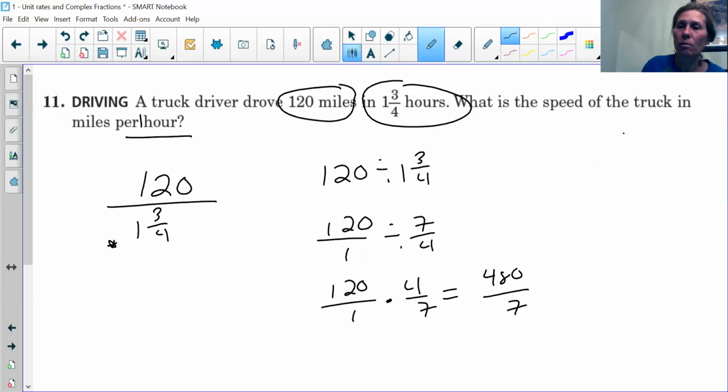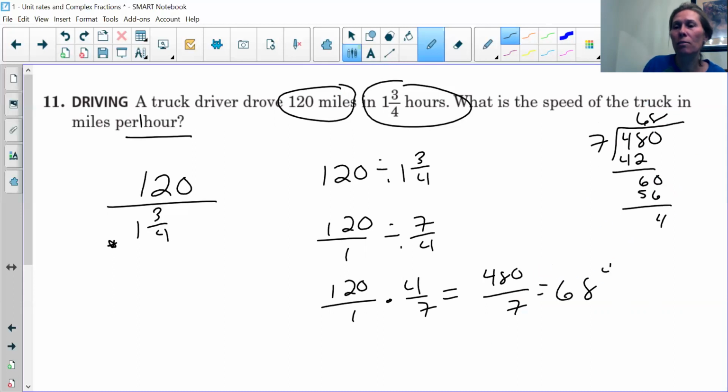So we've got to figure that out. 480 divided by 7 gives me 6. That's 42. 7 goes into 60, 8 is 56. So it's going to be 68 and 4/7 miles per hour.